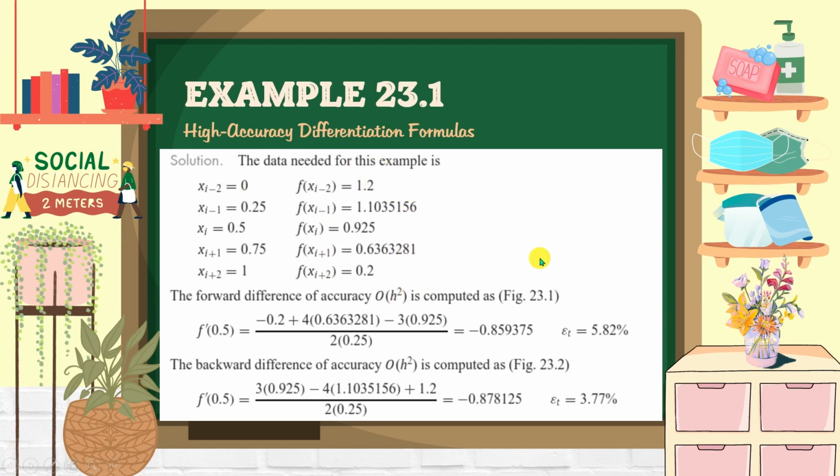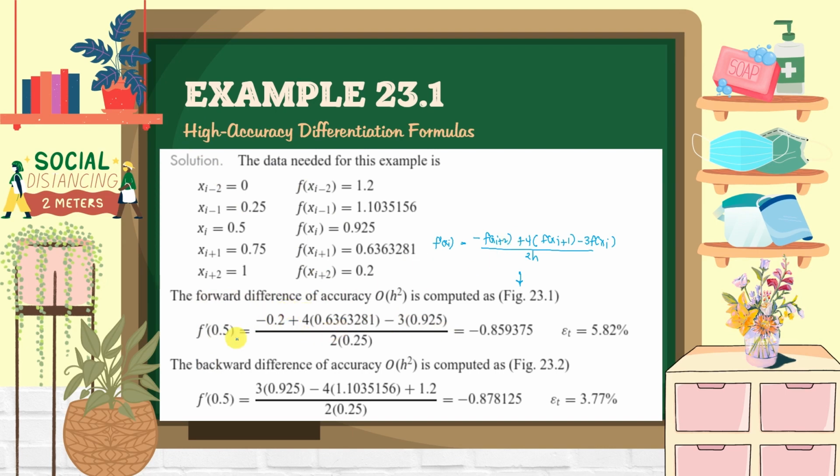Applying the forward finite divided difference accuracy computed based on figure 23.1, the first derivative of the function x sub i equals negative function of x sub i plus 2, plus 4 multiplied by function of x sub i plus 1, minus 3 multiplied by the function of x sub i, over 2h. We're now going to substitute the values in order to find the first derivative of the function using the high accuracy forward difference formula.